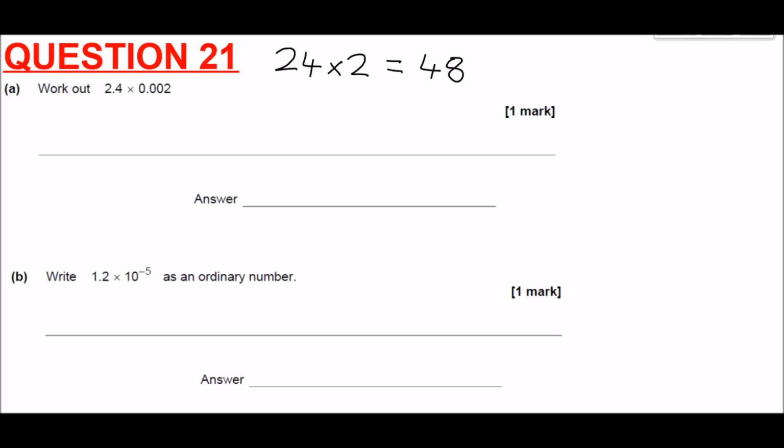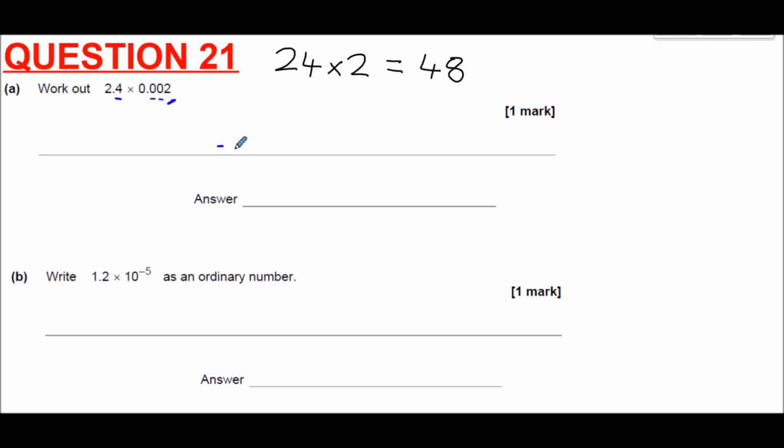Now we can put the decimal places back in. In the question, there's a total of 4 decimal places. 2.4 has 1 decimal place, and 0.002 has 3 decimal places. So in total, 1 plus 3, there's going to be 4 decimal places in the answer.